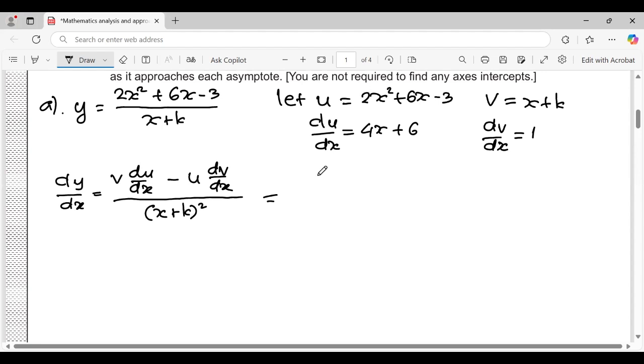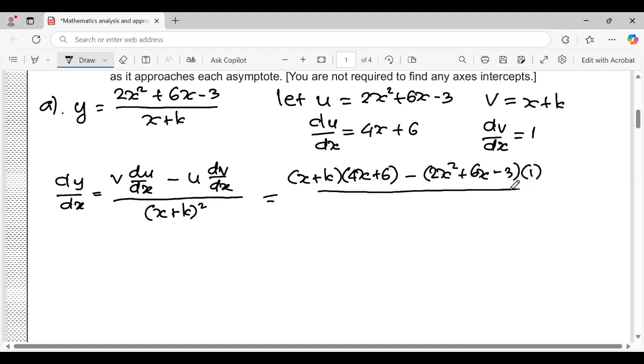Substitute this information: v is x plus k, du/dx is 4x plus 6, minus u, 2x squared plus 6x minus 3, times 1, over x plus k squared.